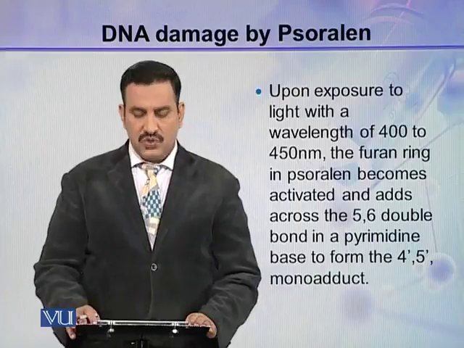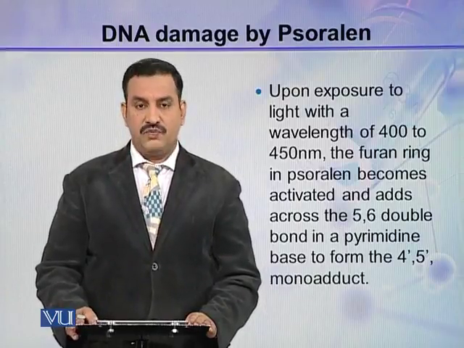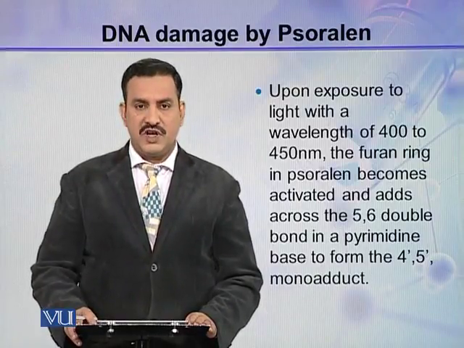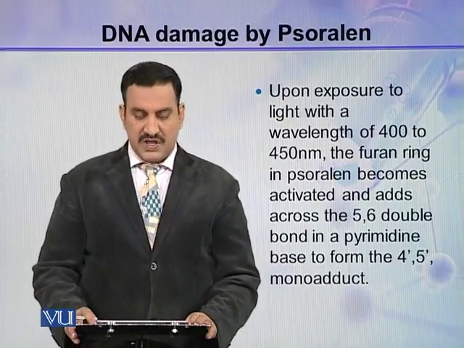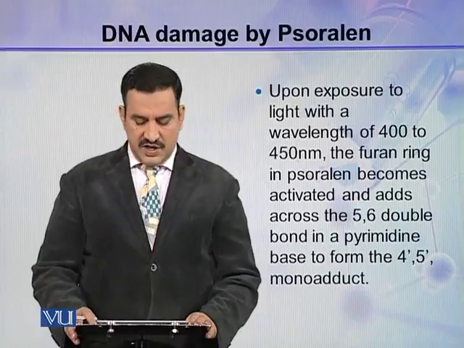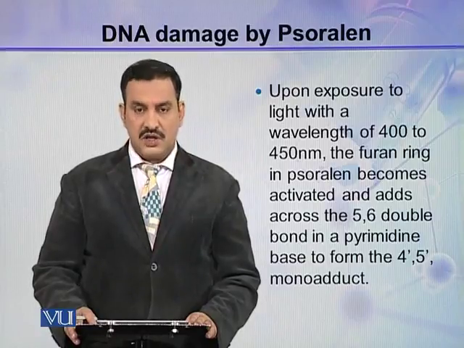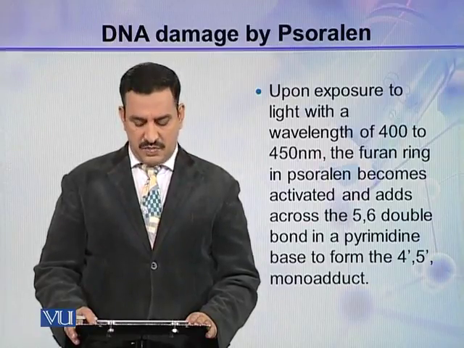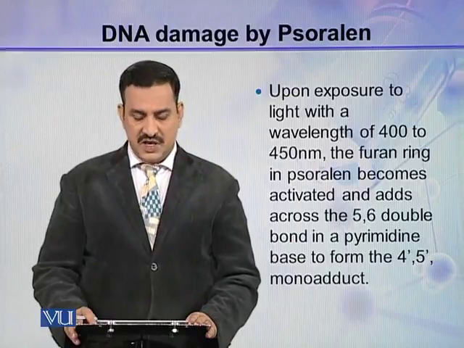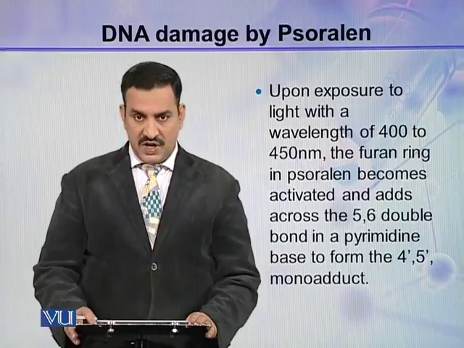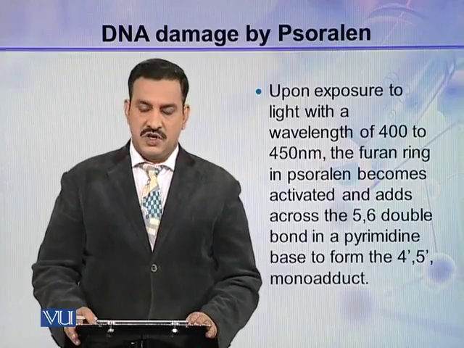Upon exposure to light with a wavelength of 400 to 450 nanometer, the furan ring in the psoralen becomes activated and adds across the carbon number 5 and carbon number 6 double bond in a pyrimidine base to form a 4',5' monoadduct.